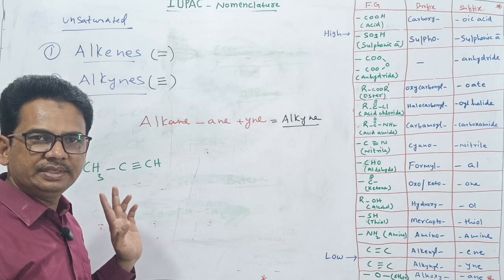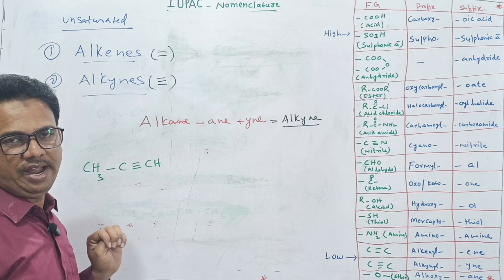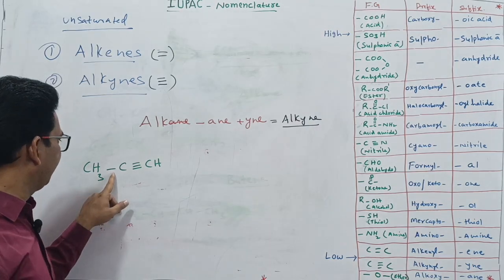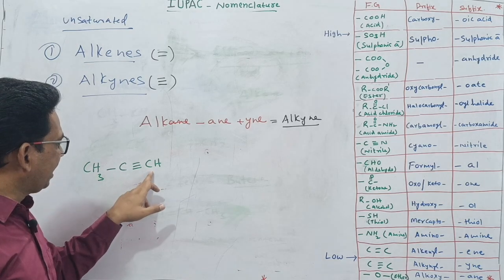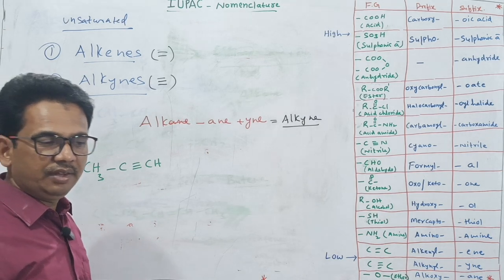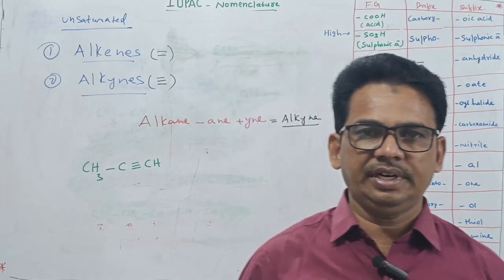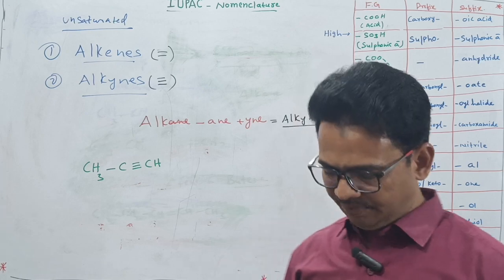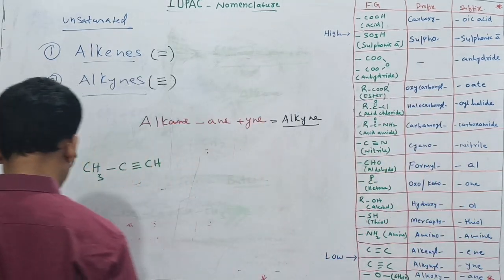It is combined with 4 other atoms. Now you can see this carbon has valency 4. This carbon also, see, 1, 2, 3, 4. That's why, whenever you write any compound structure, you have to check the valency of that carbon. If it is not balanced, it means that it is completely wrong.